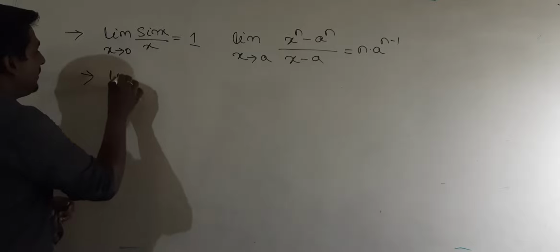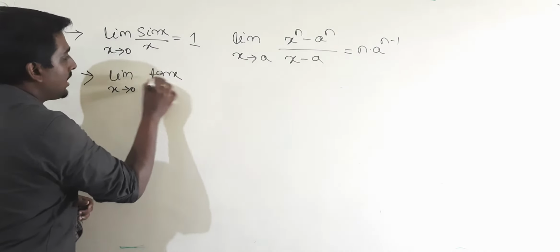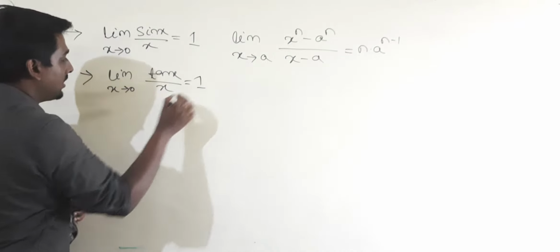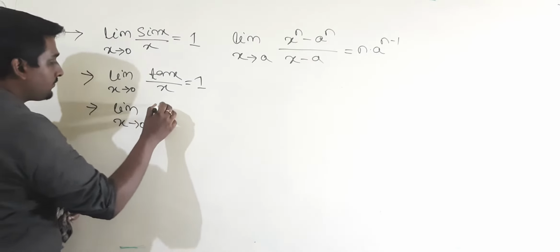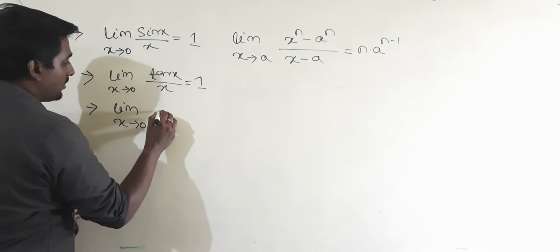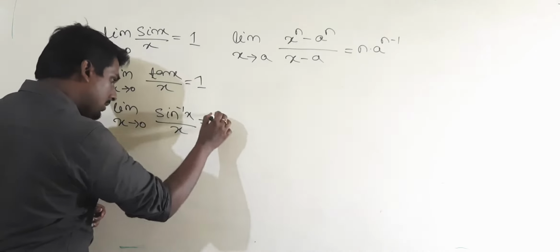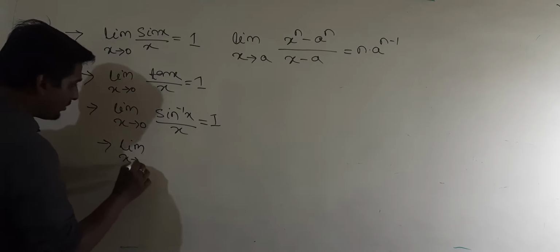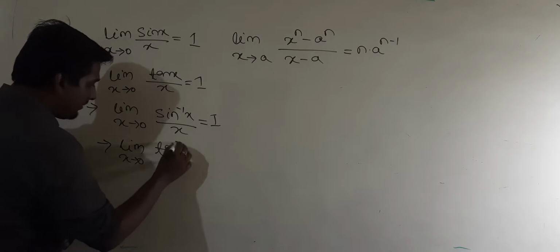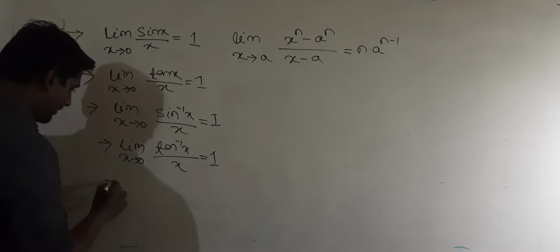The next one is limit x tends to 0 tan x by x, which equals 1. The next one is limit x tends to 0 sin inverse x by x, which is also equal to 1.